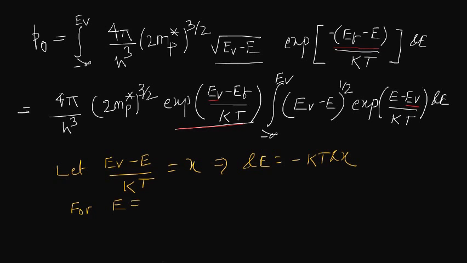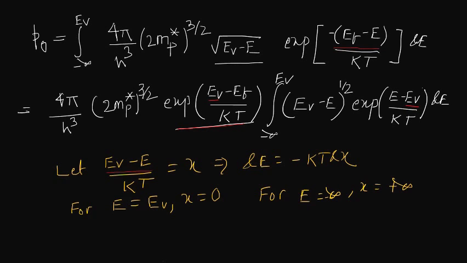When E equals EV, substituting here, X equals 0. And for E equal to minus infinity, we have X equal to plus infinity.